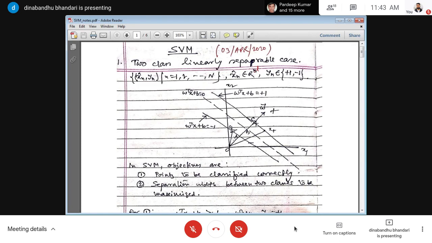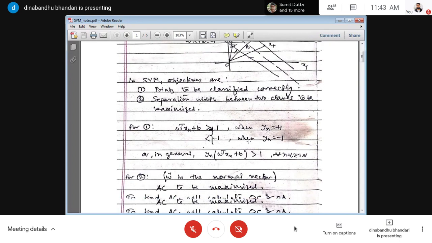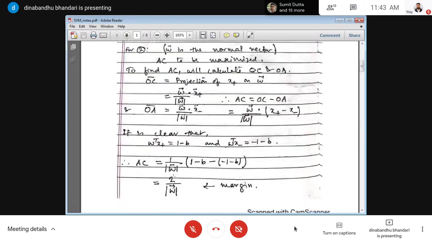We can generalize, can represent all the constraints for perfect classification of all points, correct classification of all points. We can represent them in one shot, and we can find the boundary in such a simple form, 2 by norm of W.